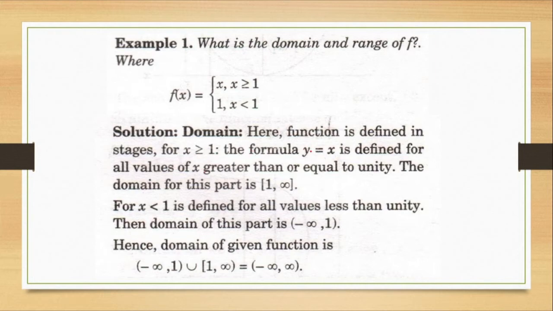The formula y equal to x is defined for all values of x greater than or equal to unity. The domain of this part is 1 to infinity. For x less than 1, it is defined for all values less than unity, so the domain of this part is minus infinity to 1.